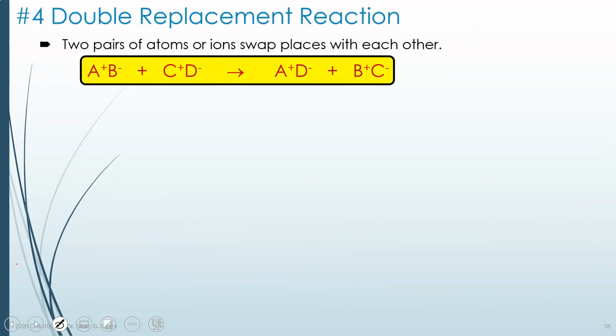So a double replacement is where you have two cations and two anions. So you have a cation-anion pair, and you have another cation-anion pair, and the cations swap with each other, and the anions switch with each other. So you end up with the first cation bound to the second anion, and the first anion bound to the second cation.